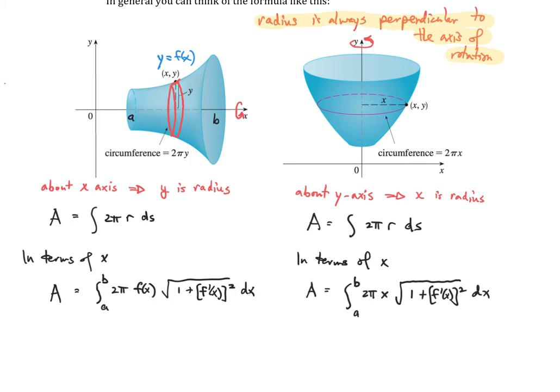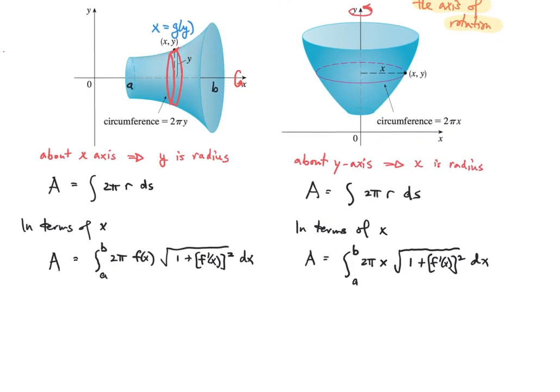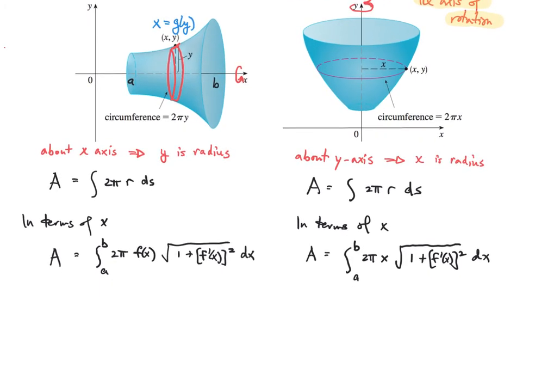Let's do this situation now in terms of y. So let me erase this label of our function, and let's change that label now to be x is equal to g of y. So in this scenario, we're going to be writing everything in terms of y.